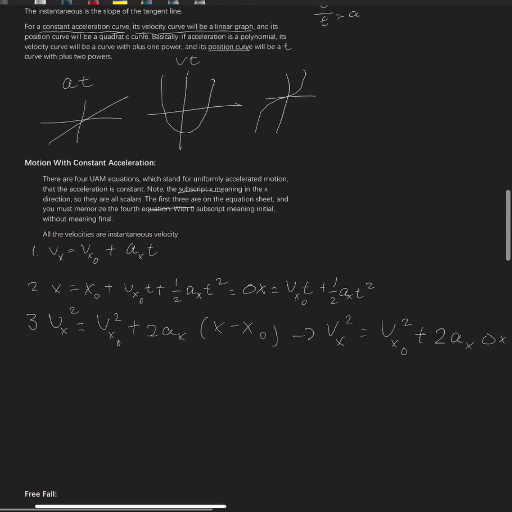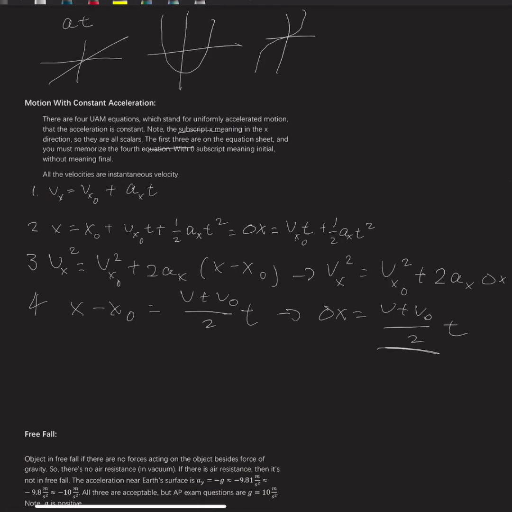The fourth one is not on the equation sheet, which is x minus x0 equal to the final velocity plus the initial velocity divided by 2 times time, which is the average velocity times time, which means that the displacement is equal to the average velocity, v plus v0 by 2, times t. I would recommend writing it in the v plus v0 by 2 times t form instead of the average velocity form.